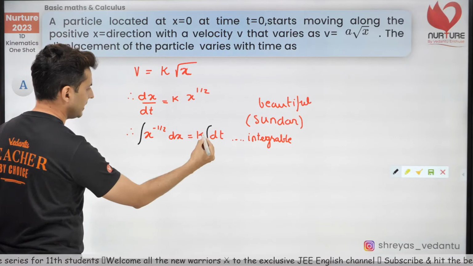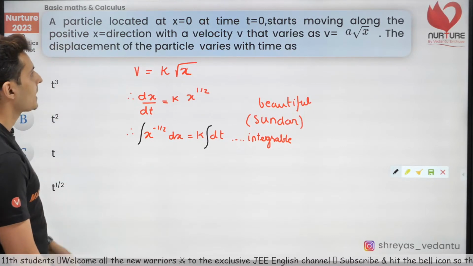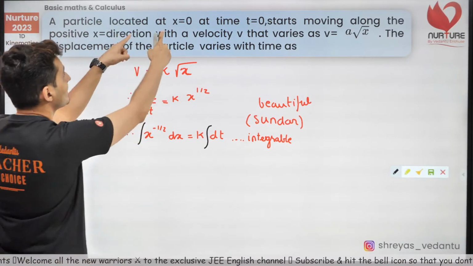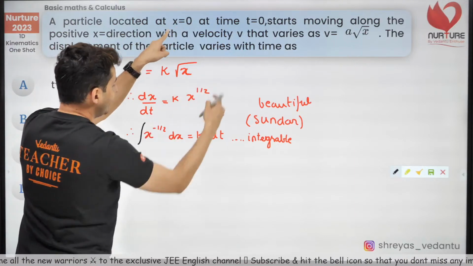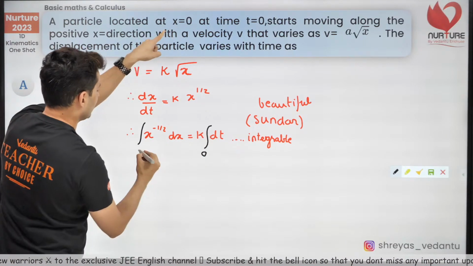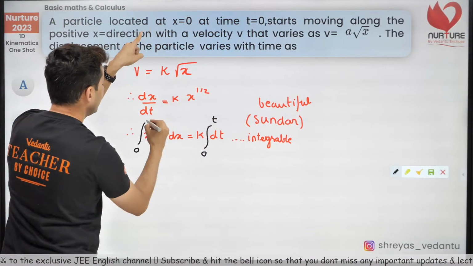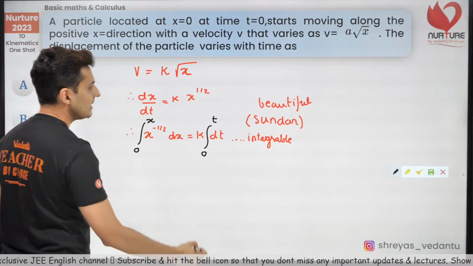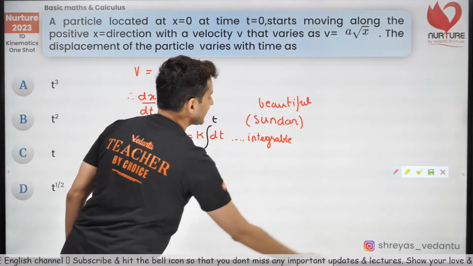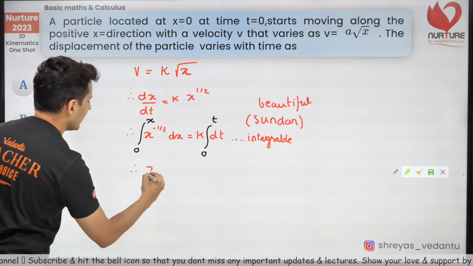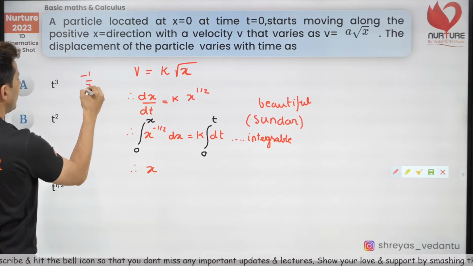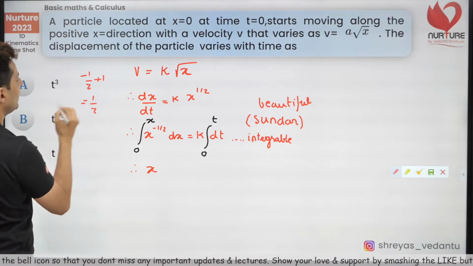Integrate, k is a constant. And okay, limits. Here you use limits. When time is 0, x is 0. When time is t, x is x. What is the integration of x raised to minus half? Think about it. Minus half plus 1 is plus half.